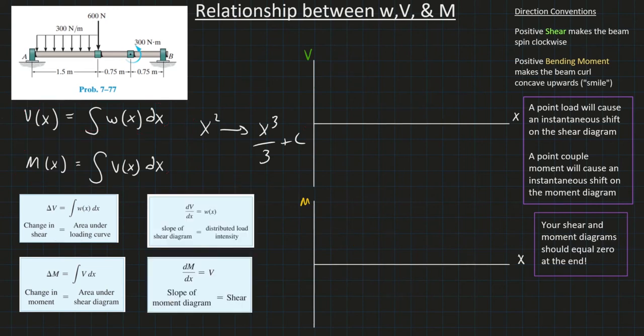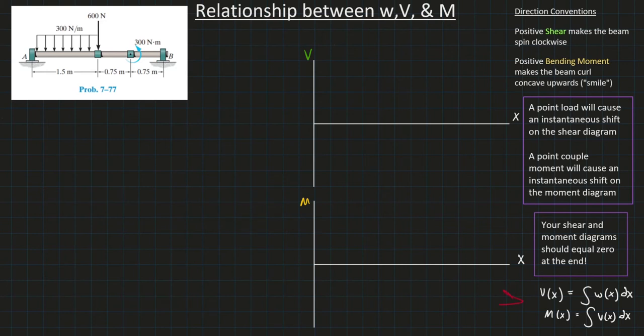So the antiderivative of my W is my V, and the antiderivative of my V is my M. A consequence of this is that the derivative of my V is my W, and the derivative of my M is my V. So just keep those in mind as well.